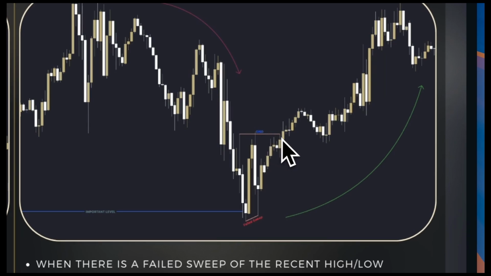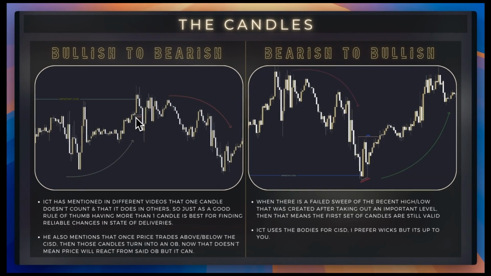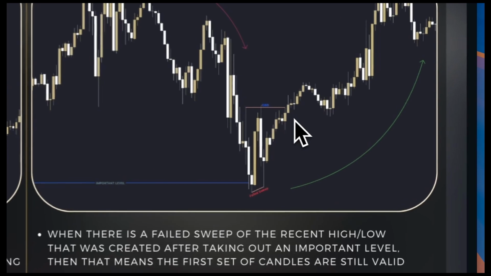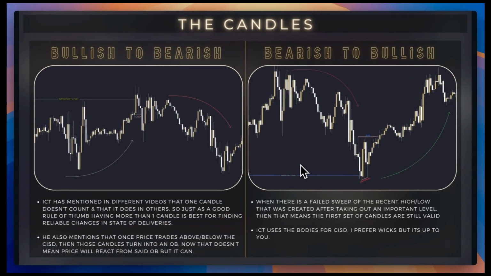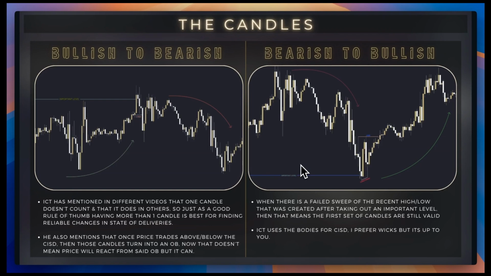And you want the body of the candle to close over it, regardless of whether you're using the body or the wick. You want the body of that candle to close over it to validate that change in state of delivery. Okay, all right, now again, you don't have to use the wicks or the bodies. It's all up to you. You can use whatever you want.